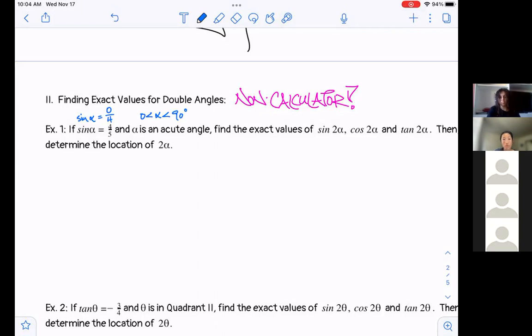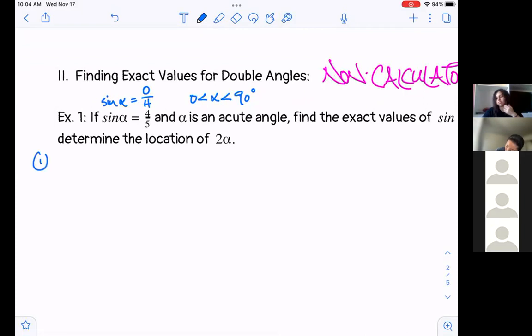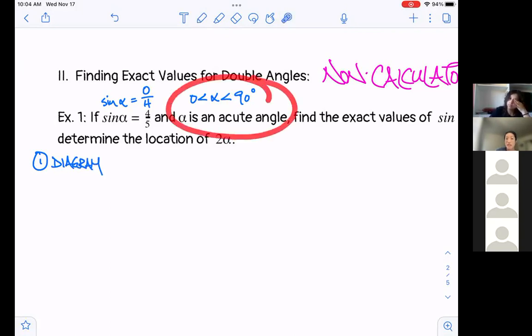All right, so now we want to find the exact values of those double angles. And so if we were to sort of describe some steps to do this, the first thing that I hope that we see is a diagram, okay? If my angle is between 0 and 90 degrees, what quadrant is that angle in? One.